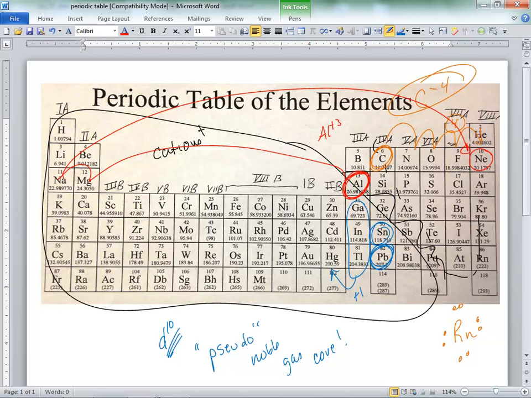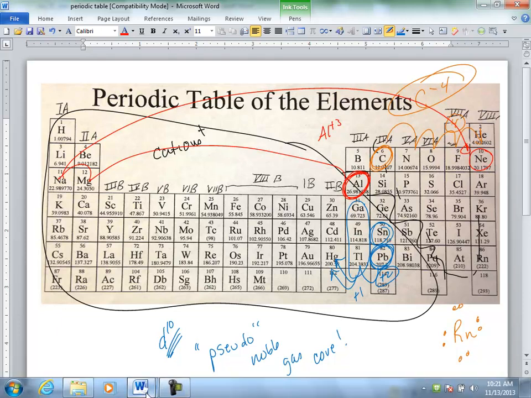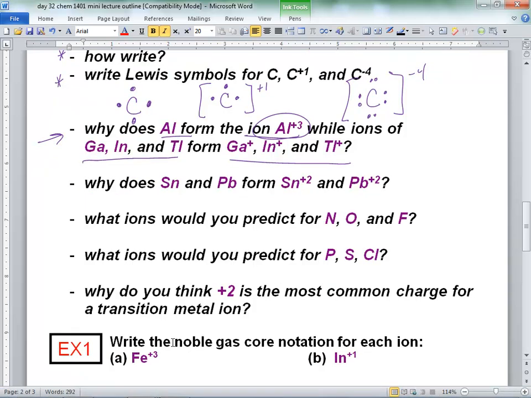Why would tin and lead just form plus 2? Does anybody see it? Why? Yeah, it's the same idea. They're just going to lose 2 because then they'll hit the pseudo-noble gas core. Exactly. Very good. 1, 2. So plus 2. And it'll have its pseudo-noble gas core.